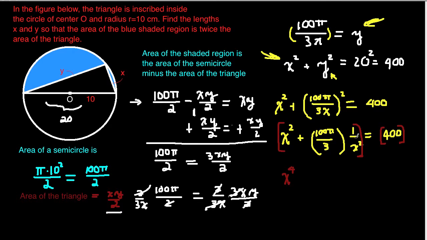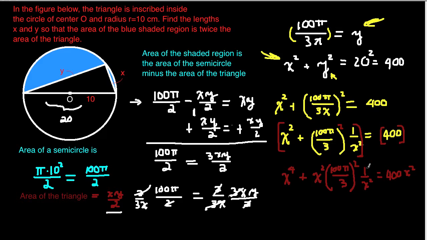I multiply x squared here, x squared times 100 pi divided by 3. Oh, and I forgot the squared here when I rewrote that. Don't want to do that. This squared times 1 over x squared, and that equals 400 times x squared.